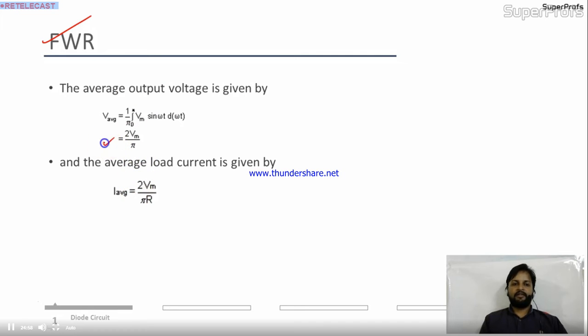If you get the V average, you can easily get the I average also, because the situation is like this: you have R, and across this R you calculated V average.